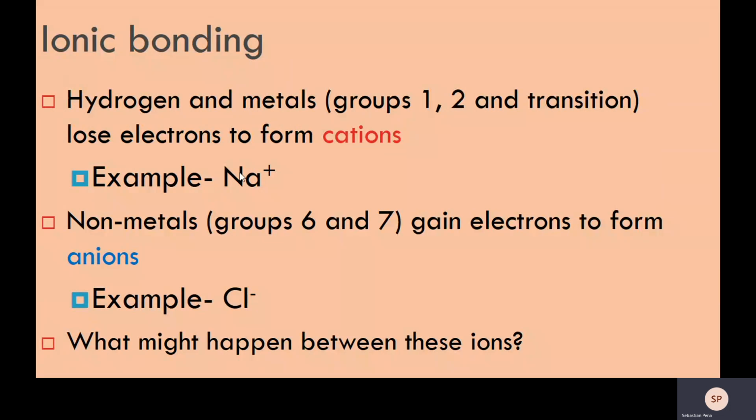For example, sodium, which is Na+, okay, so this means that it has lost an electron, it's got a positive charge. Okay, so the non-metals gain electrons to form anions. For example, chlorine Cl-, you see it's got a negative charge, which means it has gained an electron.